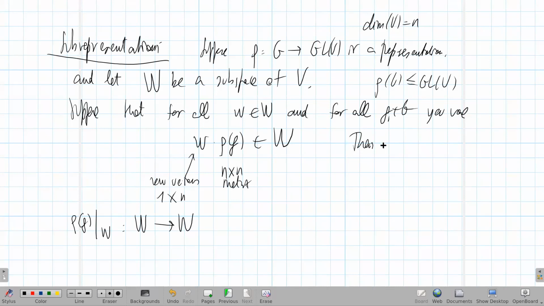We will repeat this tomorrow. Then we say that W is invariant under rho G. Okay. And it is clear what is meant here. It means exactly that if I start with an element of W and apply an element of rho G, I still land in W.